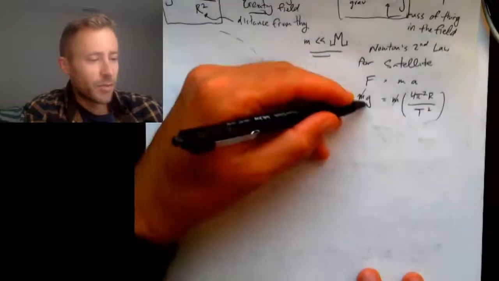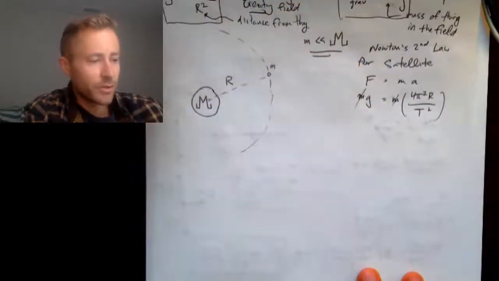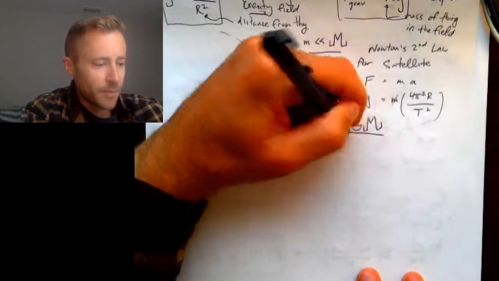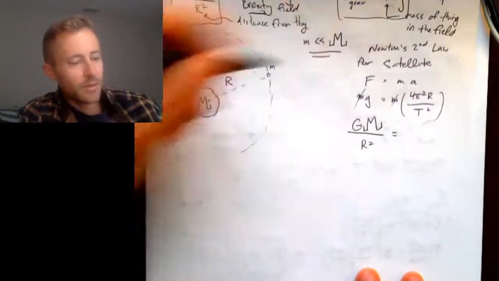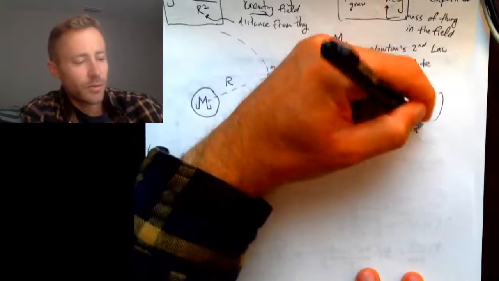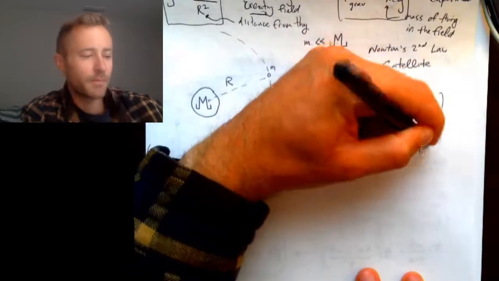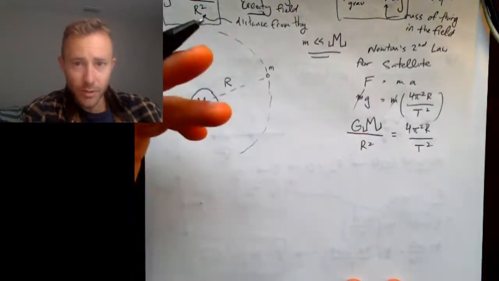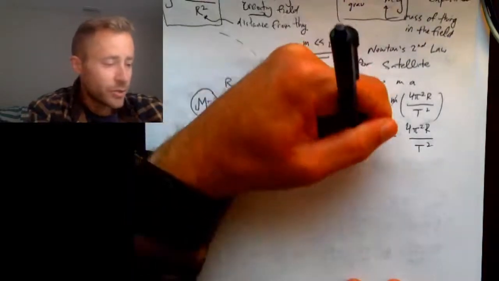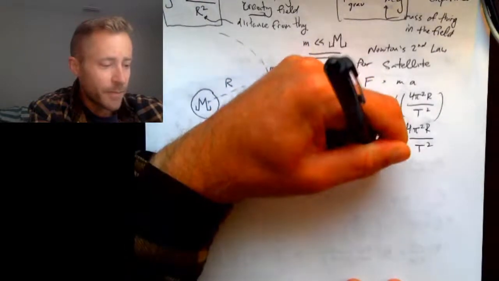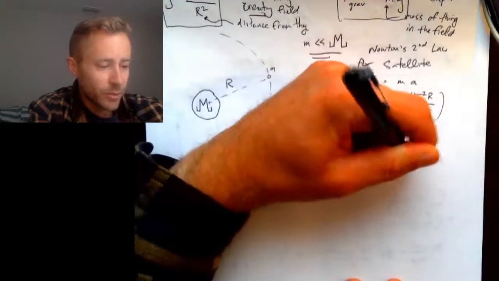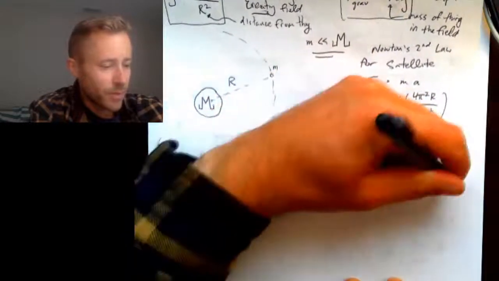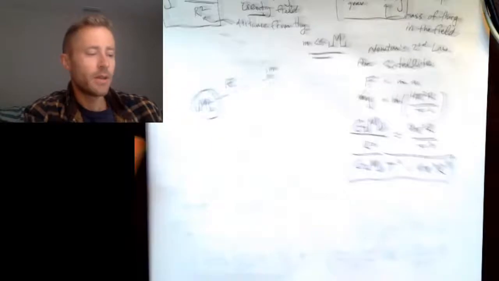And then I'm going to plug in the equation for gravitational field, which is big G, big M over r squared, equals 4 pi squared r over period squared. Now, if I cross multiply, I get what's called Kepler's law. G M T squared equals 4 pi squared r cubed. So this is Kepler's law. All right.